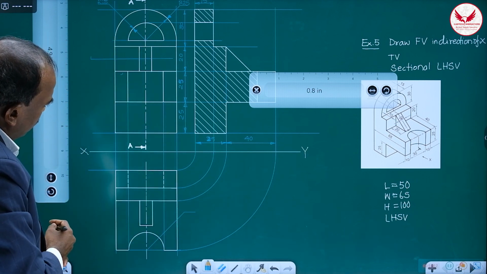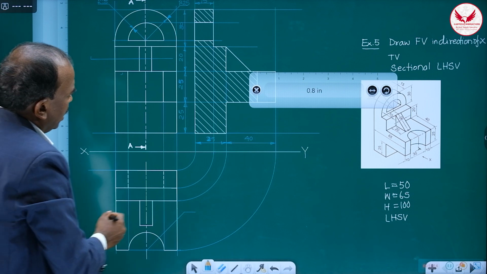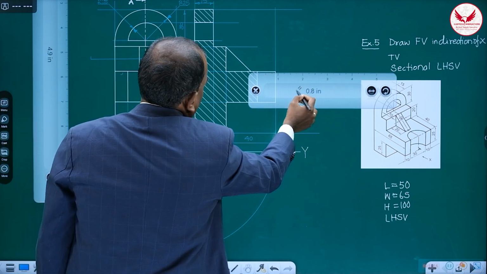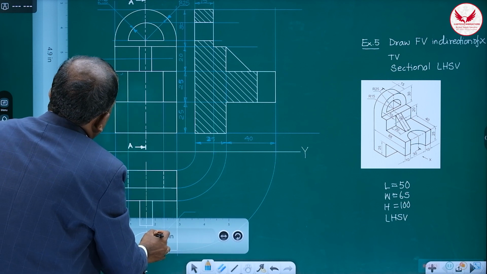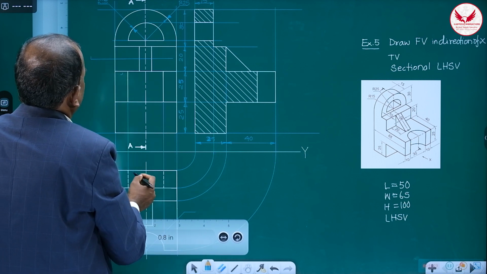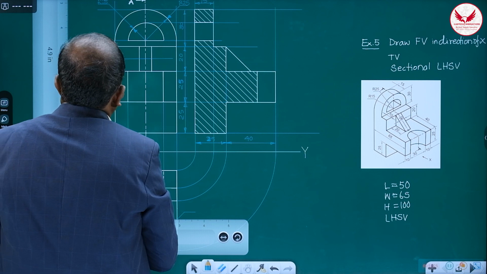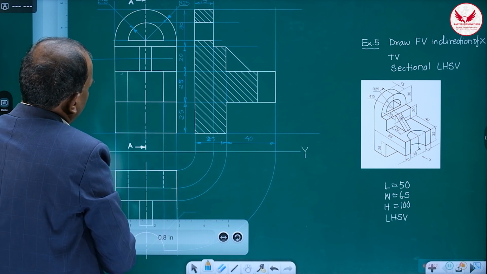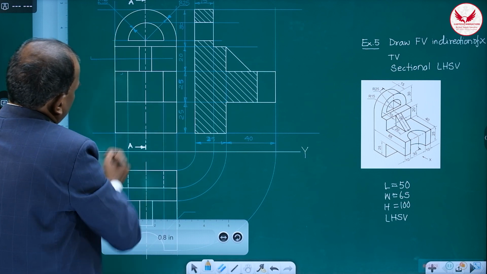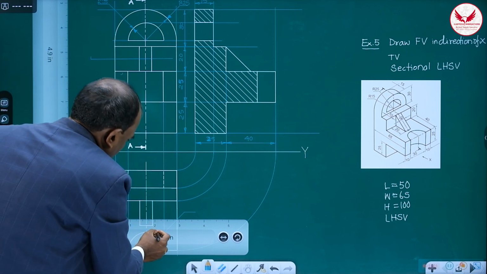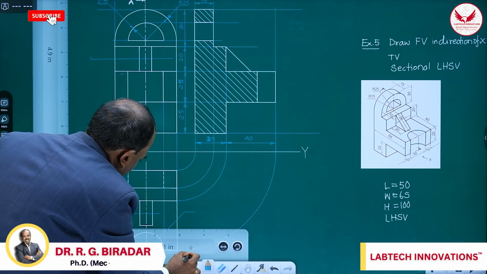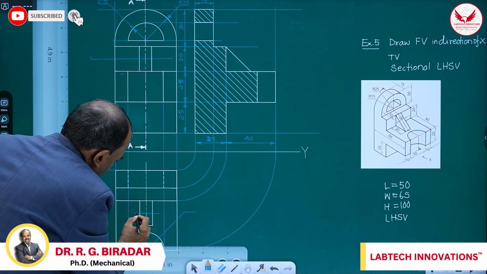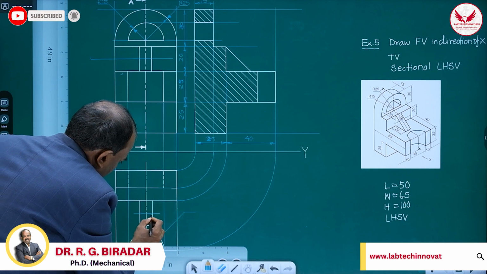And only one dimension I think is remaining, so it is concerned with the rib. And in case of the rib, we can give that dimension inside, either in this front view or in the top view. Mostly avoid dimensioning inside, but for a very small portion you can think of it.